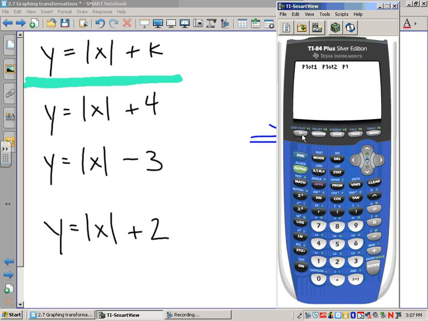If we do the next one, where we put the absolute value of x and we add 4, it looks like it's moved up 4.